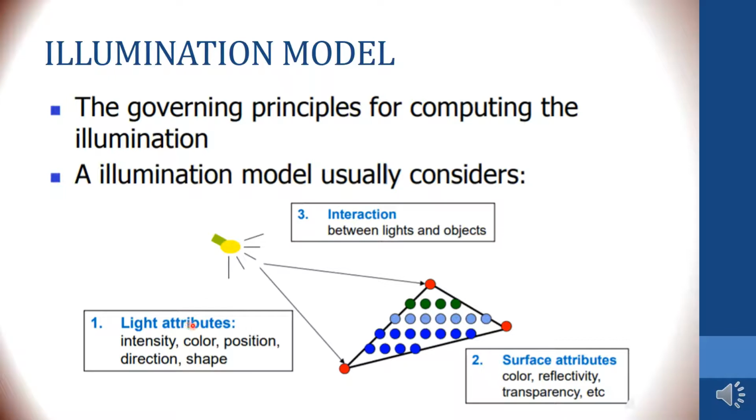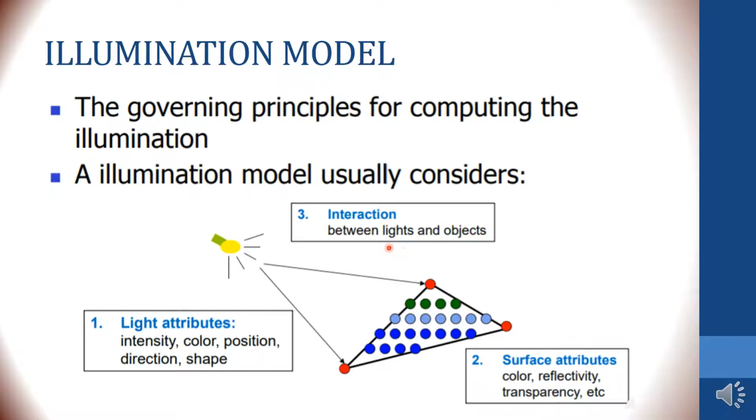Besides that, an illumination model also takes into account the surface attributes. First we have light attributes, next are the surface attributes, with examples such as color, reflection, transparency and so on.